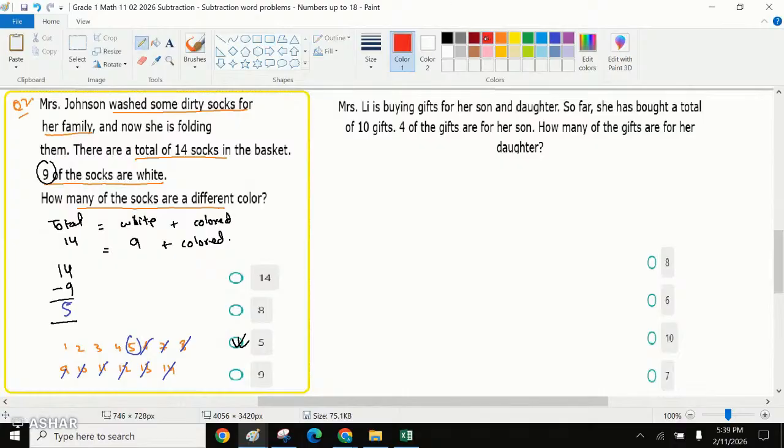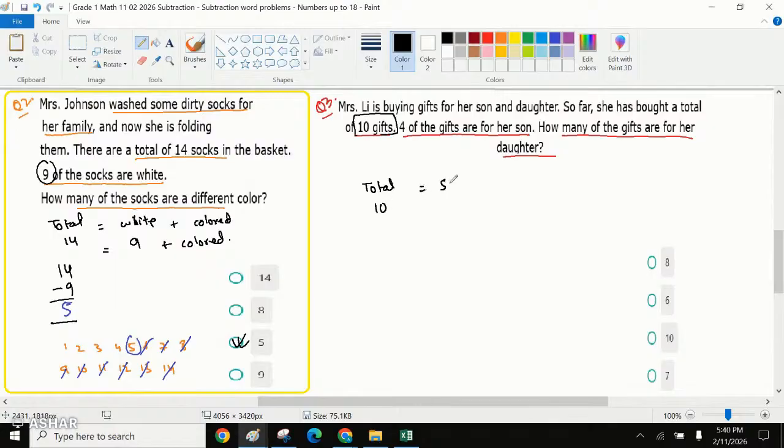In question number 3, they're saying Mrs. Lee bought gifts for her children. So far, she bought a total of 10 gifts. 4 of the gifts are for her son. How many gifts did she buy for her daughter? We know that the total number of gifts were 10.